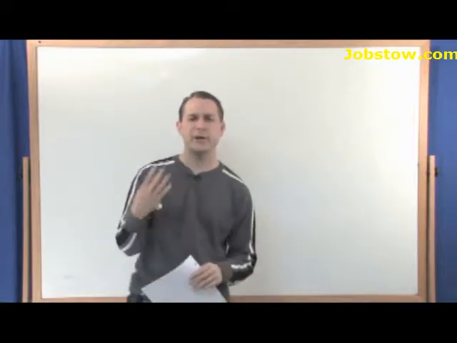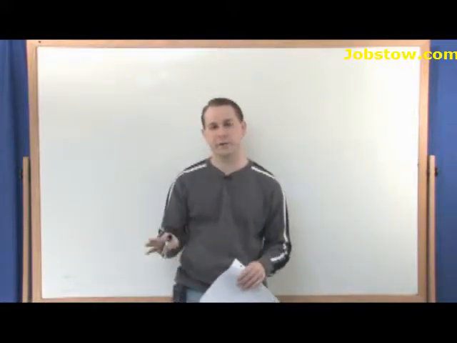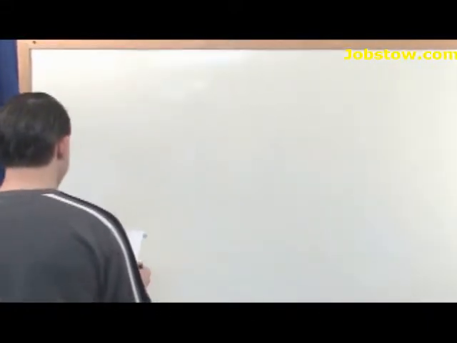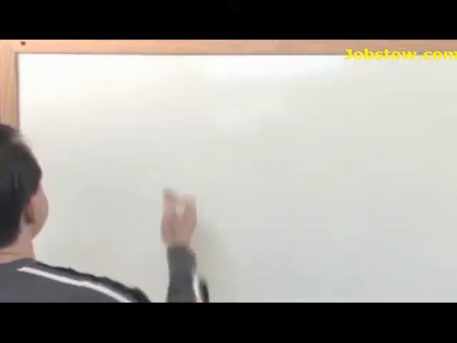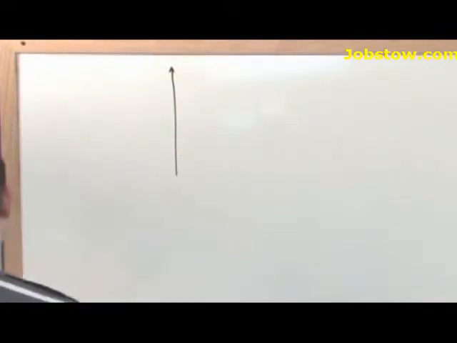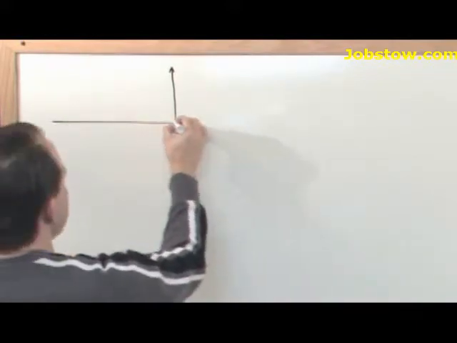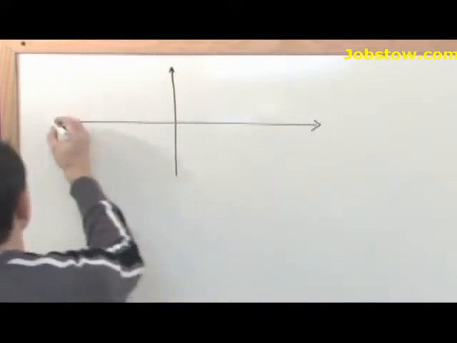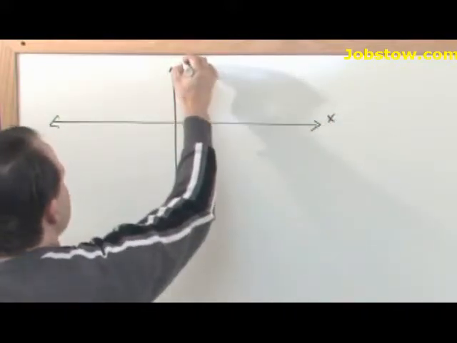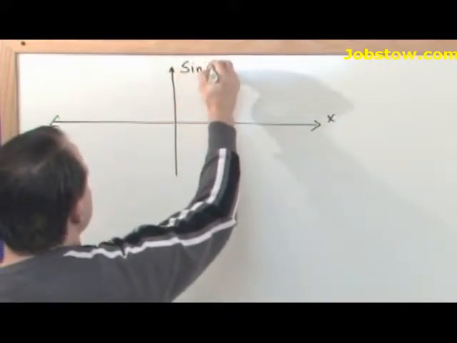Okay, so first let's talk about our favorite trig function everybody knows and loves, and that's called the sine, okay, the sinusoid. So I'm going to draw it up here on the board, and we're going to review a few things because that's what this section's about. Okay, so you have your graph that we all know and love, and here will be x, and here will be sine of x.